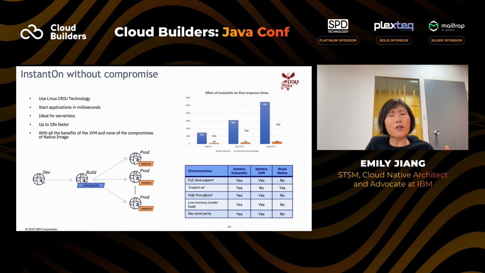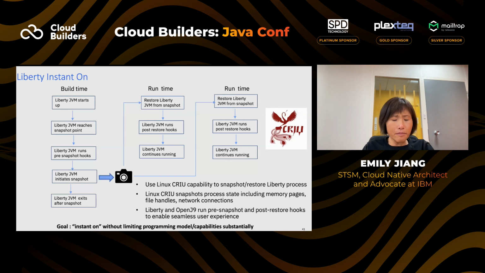You still use the traditional JVM, not GraalVM. I'll just repeat again, it can start an application in milliseconds. It's ideal for serverless, and we proved it is about 18 times faster. So it's with all the benefits of the JVM, but without the compromise of native images. So this is Liberty Instant On.